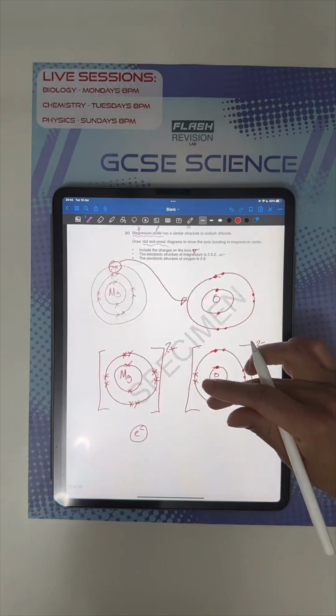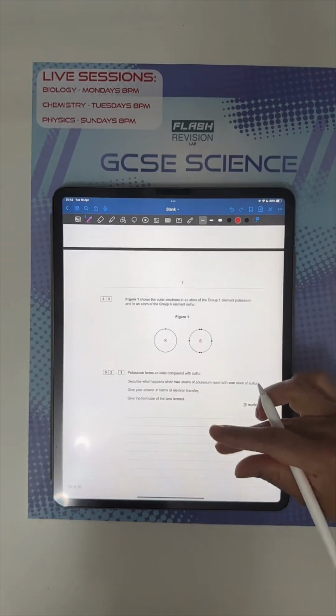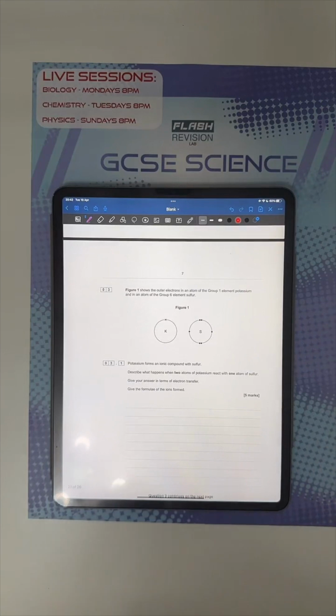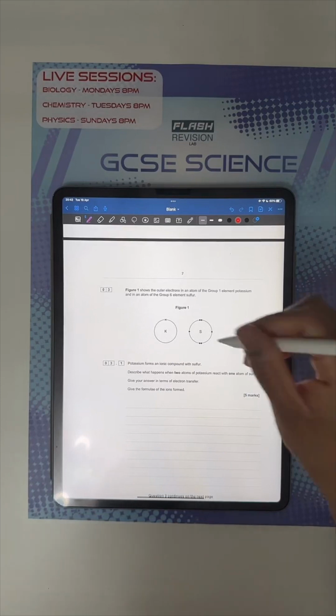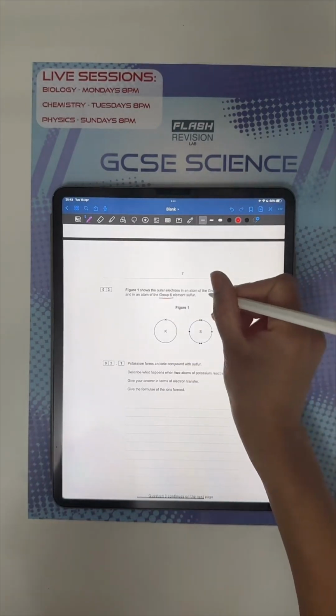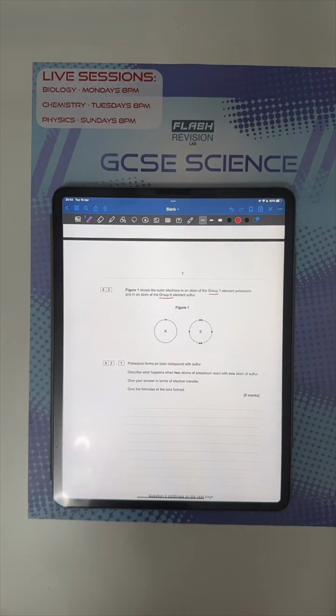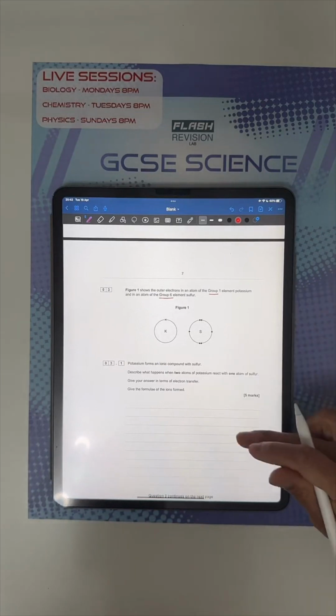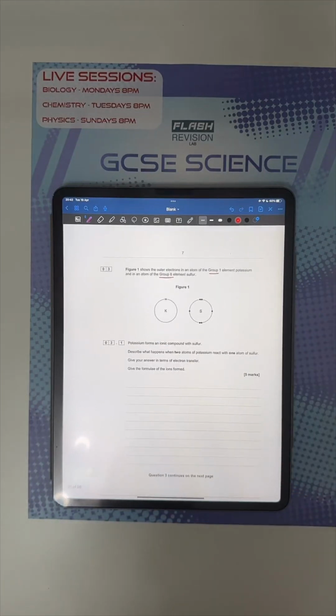Okay, so on to the next one. We've got outer electrons for group 1 element potassium and in an atom of group 6. So group 1, group 6. Potassium forms an ionic compound with sulfur.